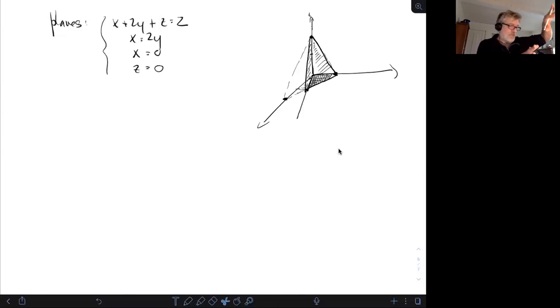Which is given by x plus 2y plus z equals 2. So I want to see this as a double integral of the graph of a function, right? So the top should be the graph of a function. And I want to find this information by looking at the tetrahedron. So if you're inside this tetrahedron and you go up, you look at the ceiling, what plane are you looking at? It's the x plus 2y plus z equals 2 everywhere. That's the ceiling.